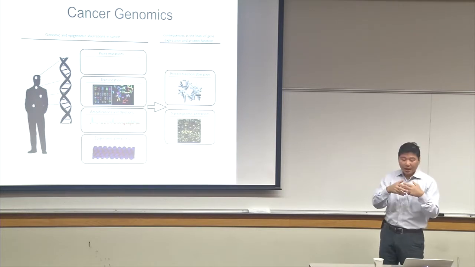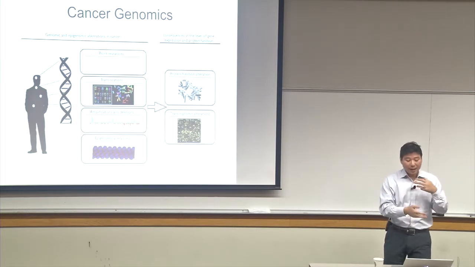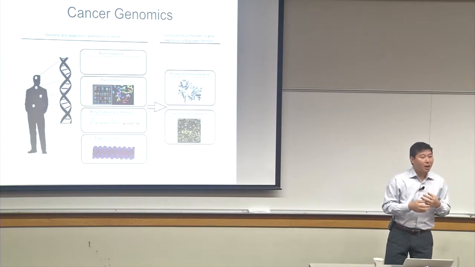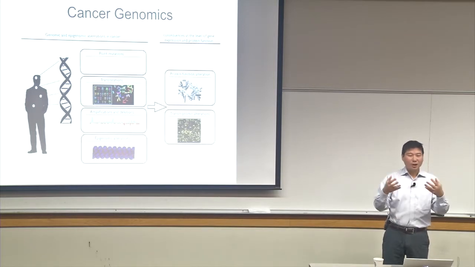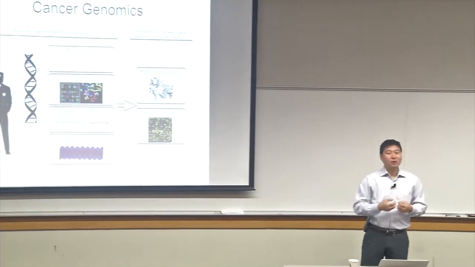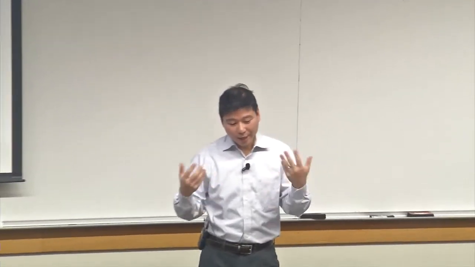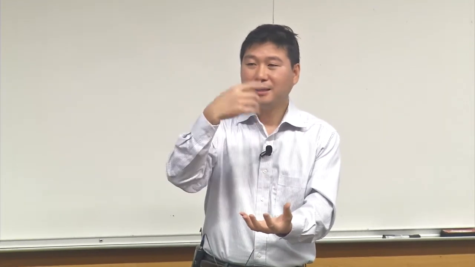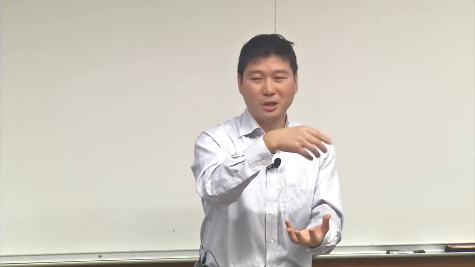Then eventually, after these DNA changes are introduced, they are going to change the cellular system. What is observed at the cellular level is that the molecular activities are different. In the normal case, the cells maintain a mechanism to make different numbers of copies of the proteins, right?